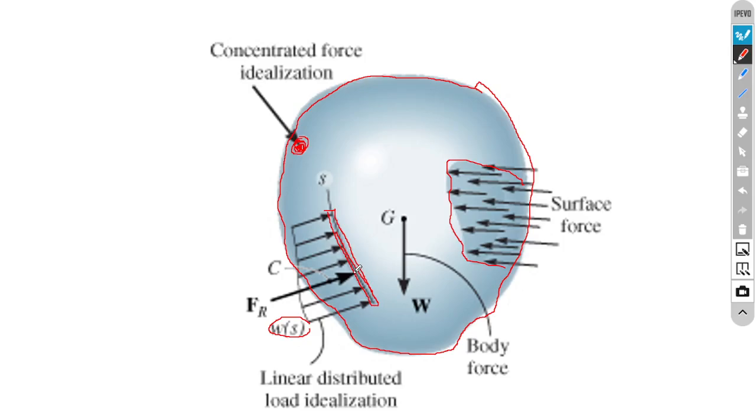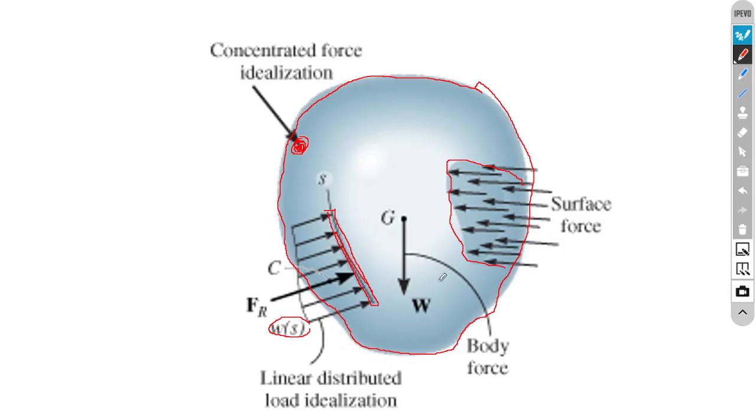If the force system is the one where all the atoms, all the molecules, all the particles of the system are under the action of the loading, then such a load is called a body load, or body force.